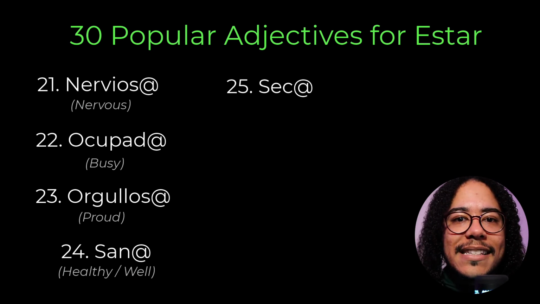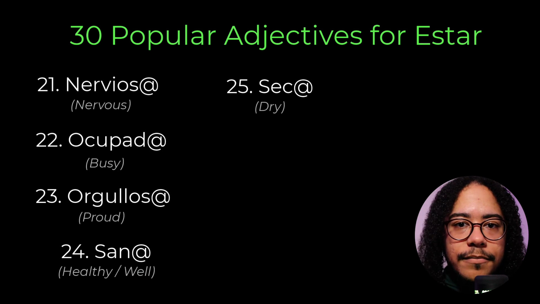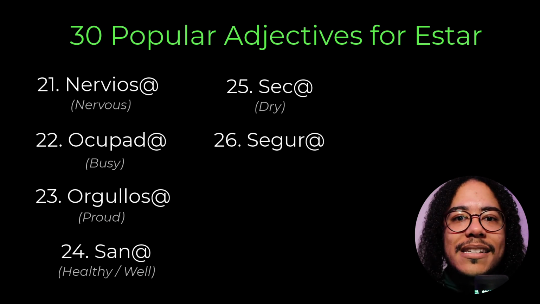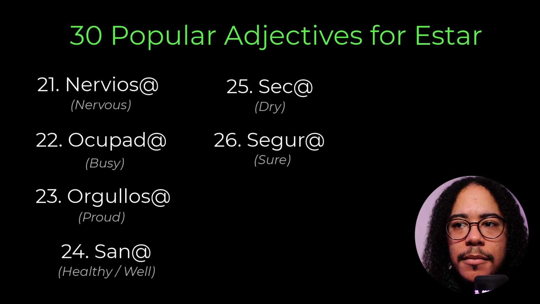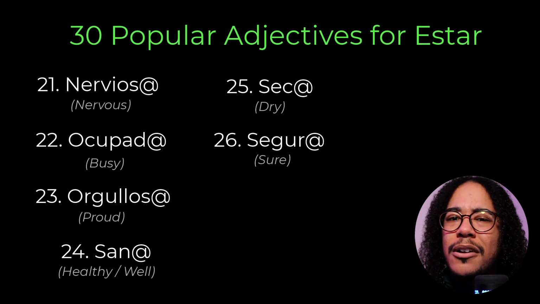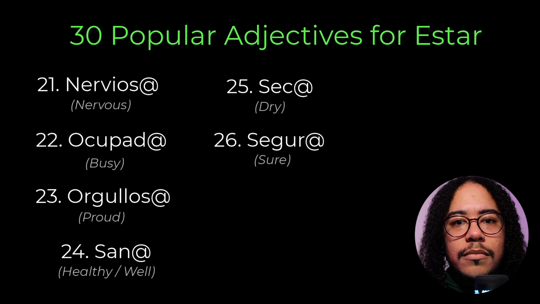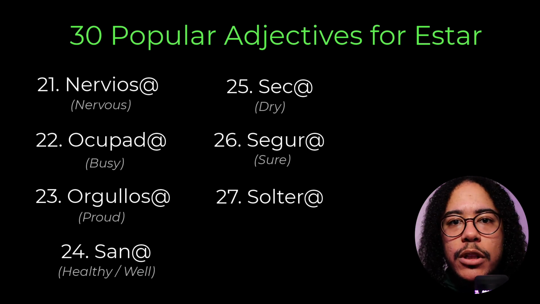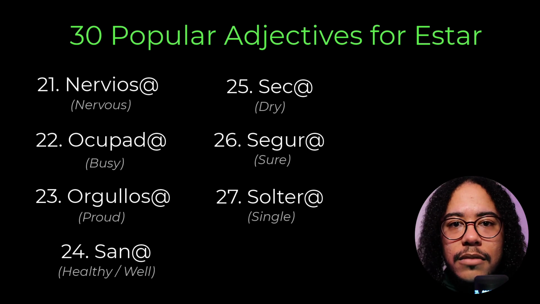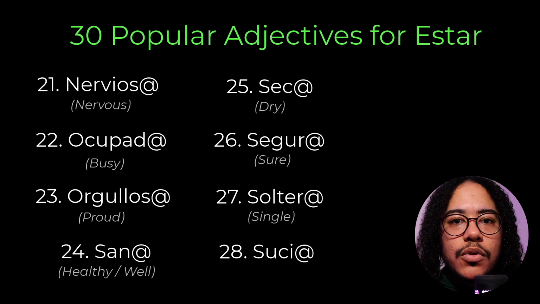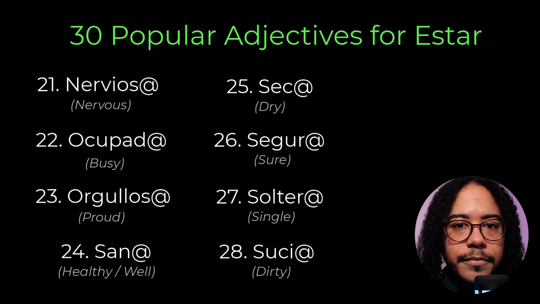Seco or seca, dry. Seguro or segura is sure. So this is like if somebody says something and you're like, are you sure? This is what you would use. ¿Estás seguro? Soltero or soltera is single, like not dating anybody. Sucio or sucia, dirty.